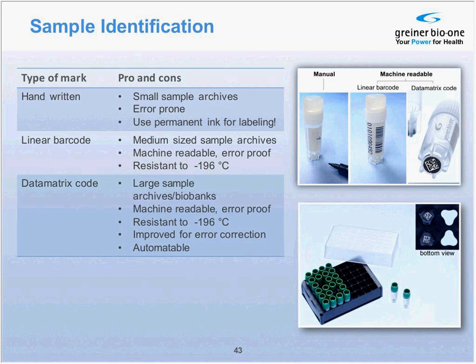Coded tubes, on the other side, can be ordered custom-made and are clearly a better choice because both linear and data matrix codes are machine-readable, with data matrix code accepting up to 25% of the code area being unreadable. Cryo vials with data matrix code can also be placed in a rack that allows for bulk reading.